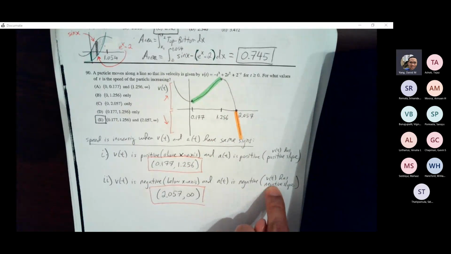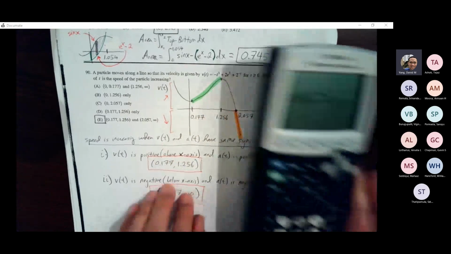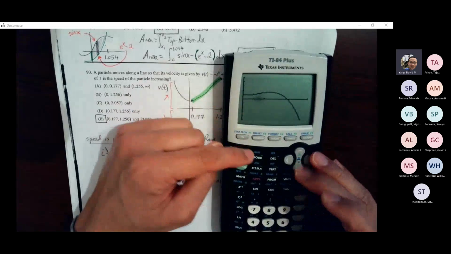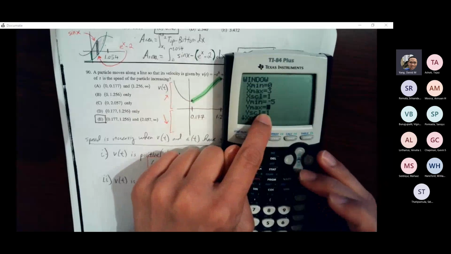So acceleration negative would mean velocity having negative slope. So I highlighted the portions that would be our correct answer. Let me make my graph a little bit better here. If I just adjusted my window to not go as high, maybe just go up to 3 here.